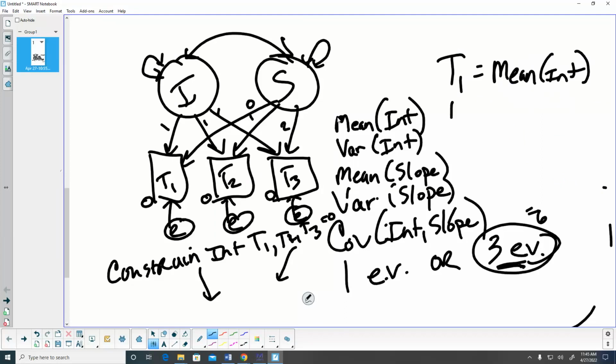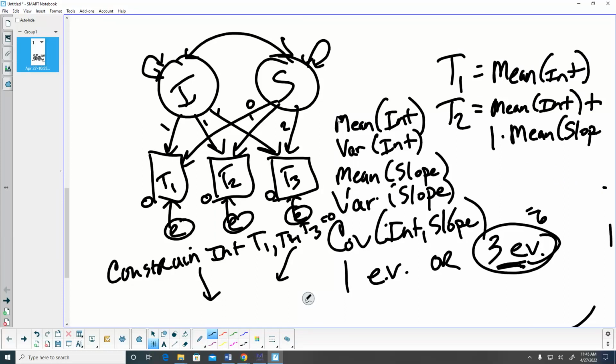What would the predicted score at time 2 be? The mean of the intercept plus 1 times the mean of the slope, right? Because now you've got this intercept plus 1 times the slope.